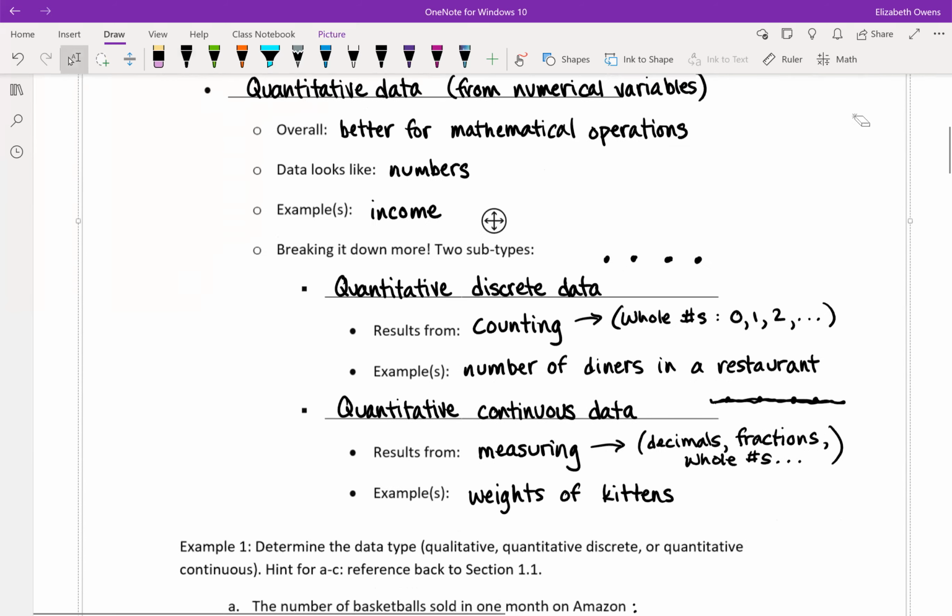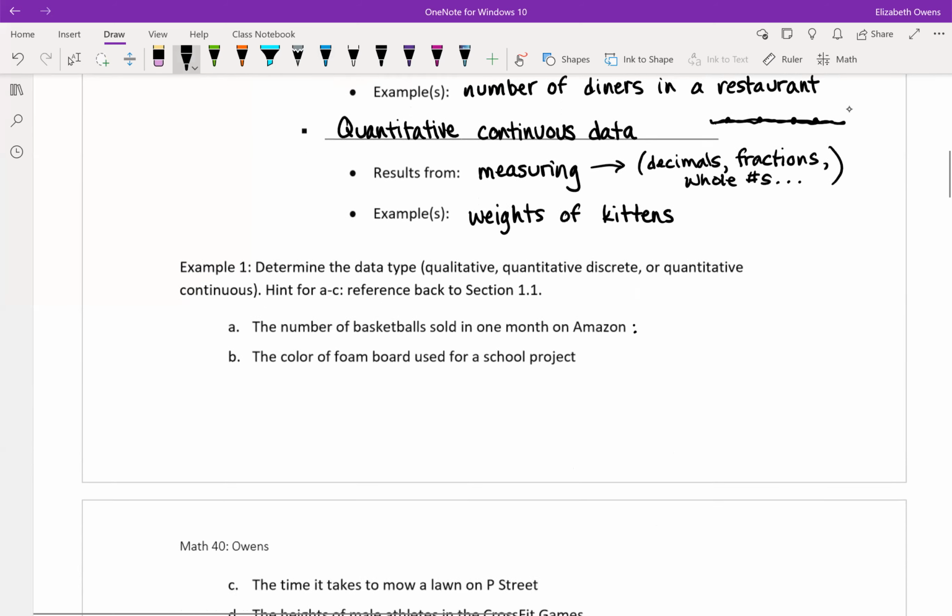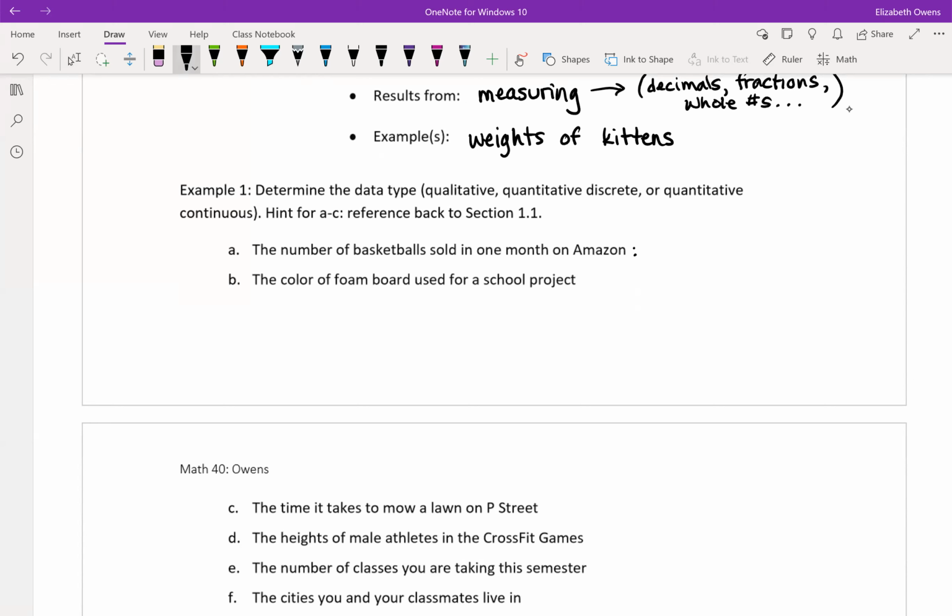Now we just need to determine whether it is quantitative discrete or quantitative continuous. So think about the number of basketballs. Would we be counting or measuring that? So, I mean, I guess you could measure them by weighing the basketballs or something like that, but we would be counting the number of basketballs sold. So this is going to be quantitative discrete data.